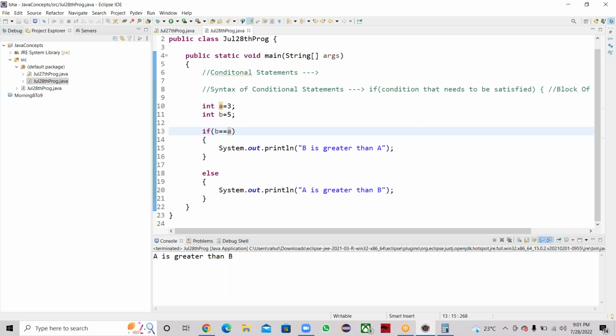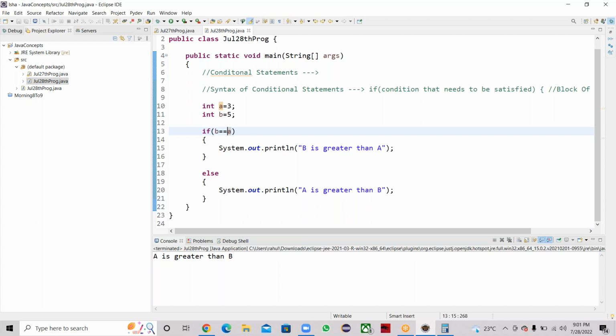So now what is the output again? There will be no output. No, it will be the same output. It prints the else statement.